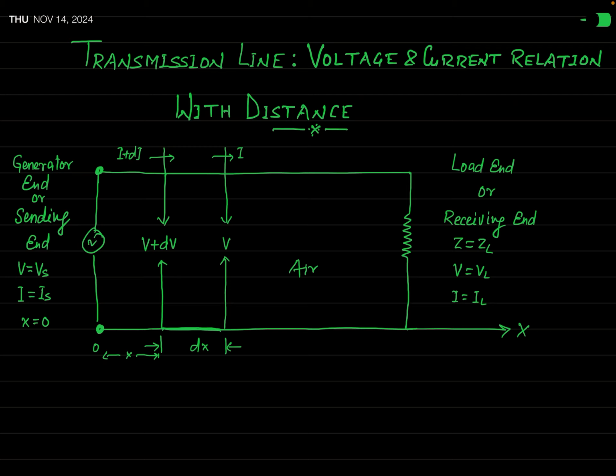And this is the load end, or the receiving end, on the right side, where our signal appears. Measuring the distance from the sending end, we obtained the expressions for V of x, that is voltage as a function of x, and I of x, that is current as a function of x.